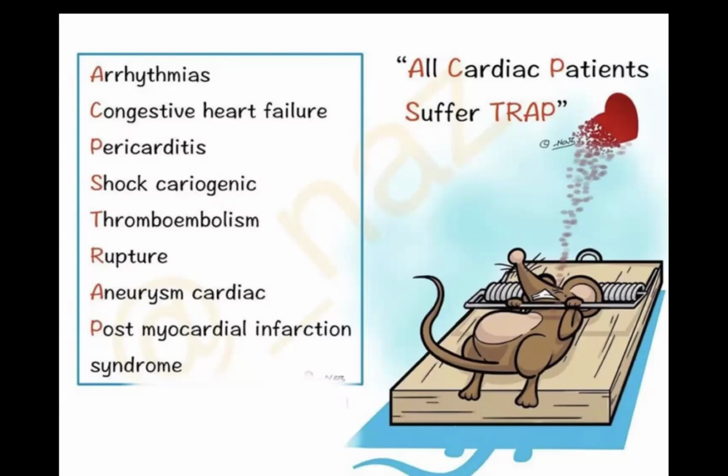So it's not a perfect acronym, but if you're having trouble remembering what all the potential complications are, maybe this will help you. If it doesn't, then don't use it.